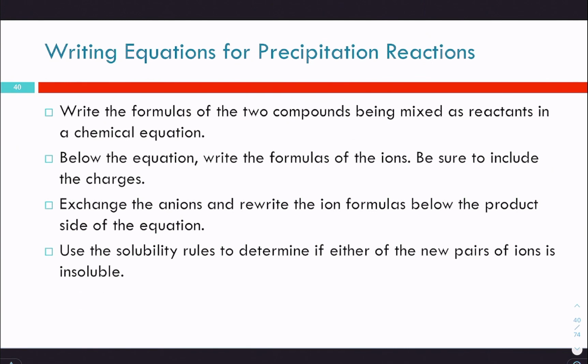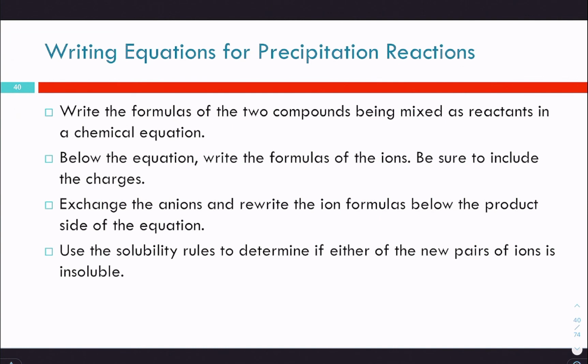All right, last thing we'll do here, just talk through these. To write equations for precipitation reactions, write the formulas of your two compounds being mixed. Those are your reactants. Below the equation, write the formulas of the ions, being sure to include those charges, because you'll need those to balance them. Then exchange the anions and write the ion formulas below the product side of the equation.